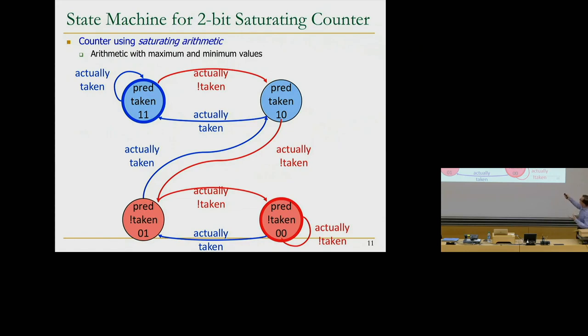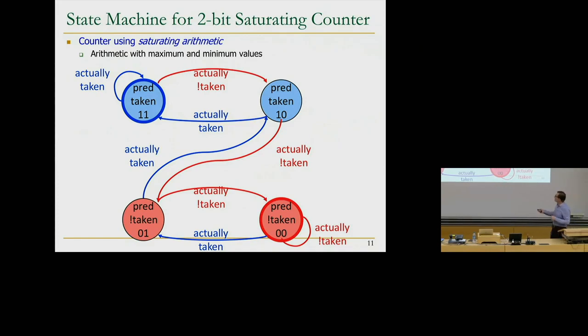Now, at this point, if you again predict the branch taken, and it's actually not taken, then you change your mind. Then you go into this red state where you're going to predict the branch as not taken next time, right? So we've added some hysteresis. The same movement happens from here to here, basically to be able to change. Here at this point, you're thinking that the branch is strongly predicted to be not taken.